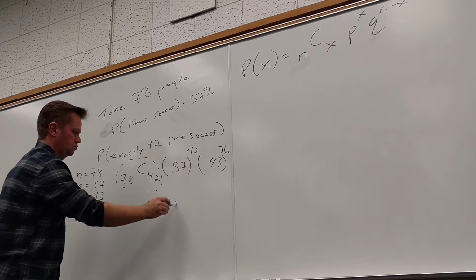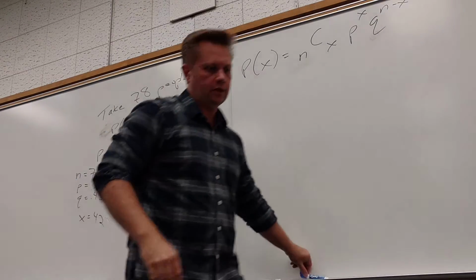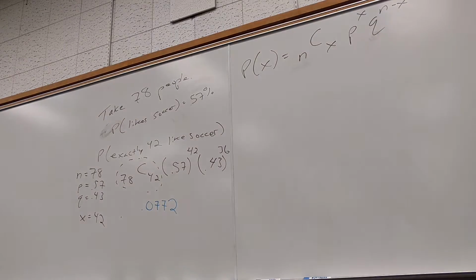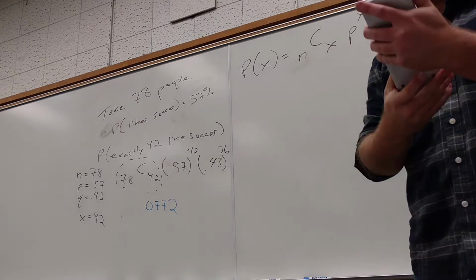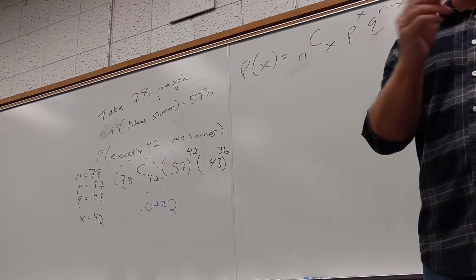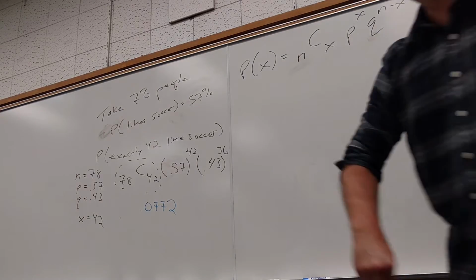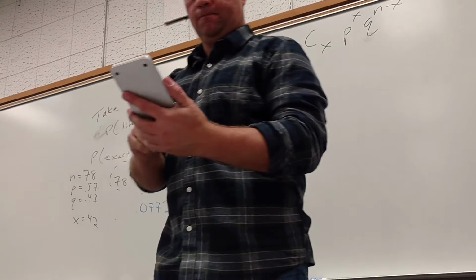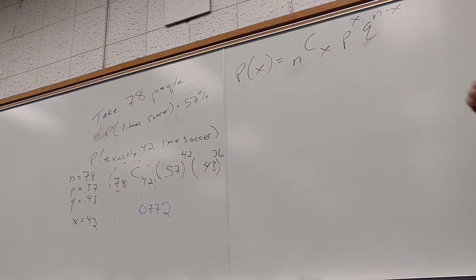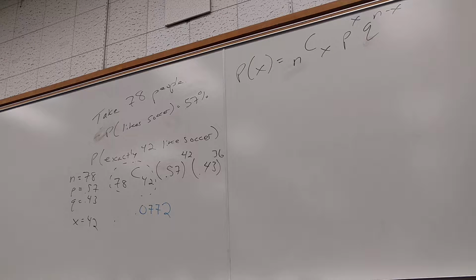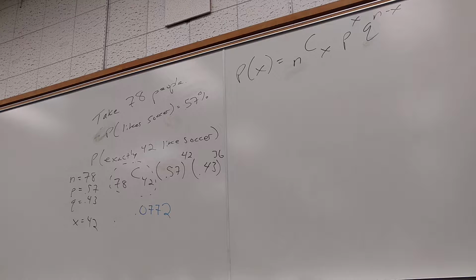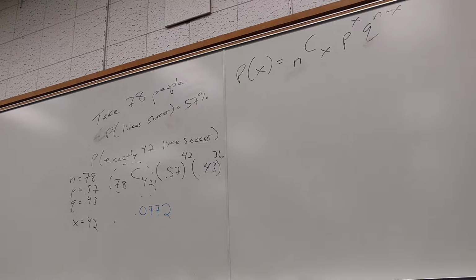Yes, ma'am. 0.0772. All right, let me see what I get. Let's double check. Let me know right now if you're not able to do that. If you're not able to do that because you don't have a calculator, then get a calculator. Yeah, 0.0772.